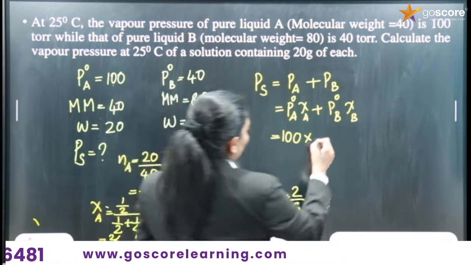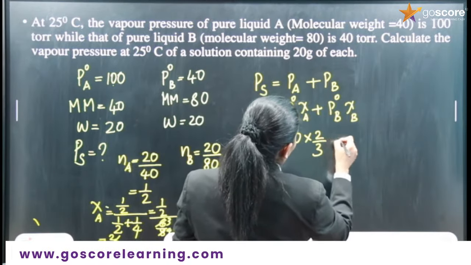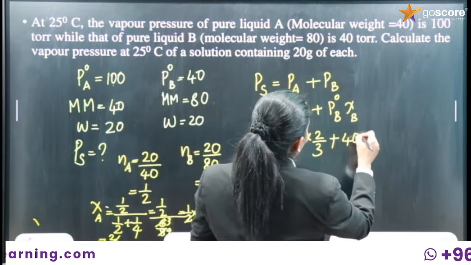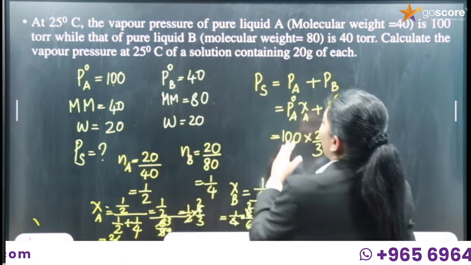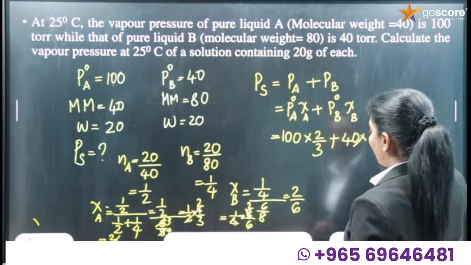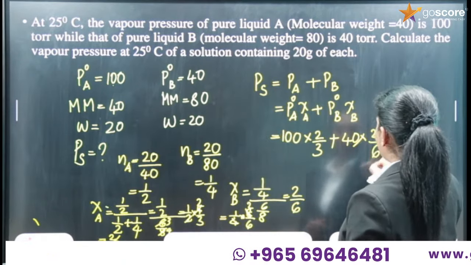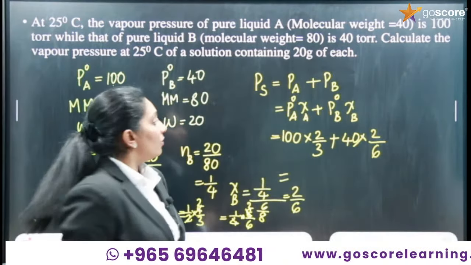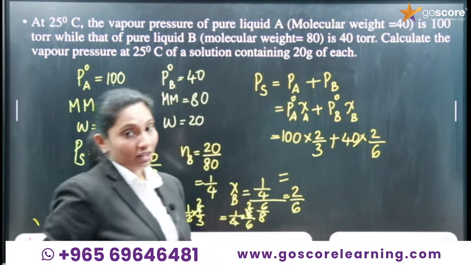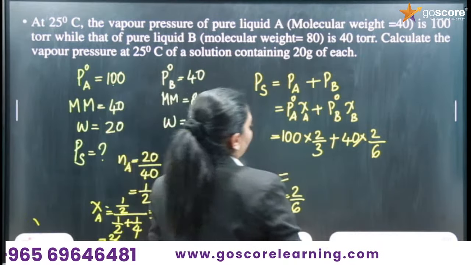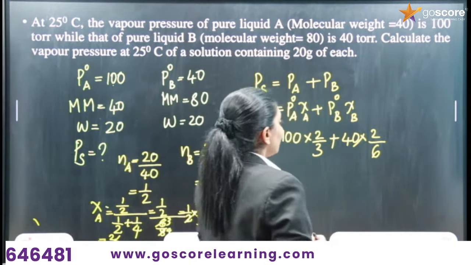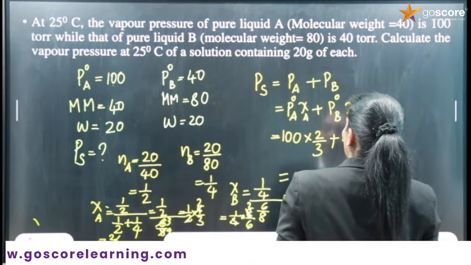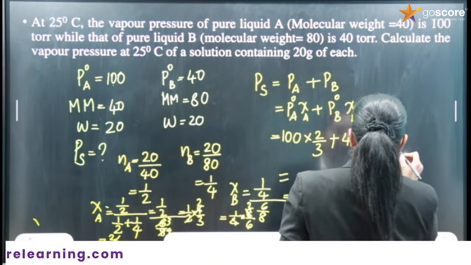We got it as 2 by 3, plus P naught B is given as 40 into the chi B value. We got it as 2 by 6, right? So after doing this calculation, we will get the total vapor pressure exerted by the solution, right? So once after doing the calculation, 200 by 3.